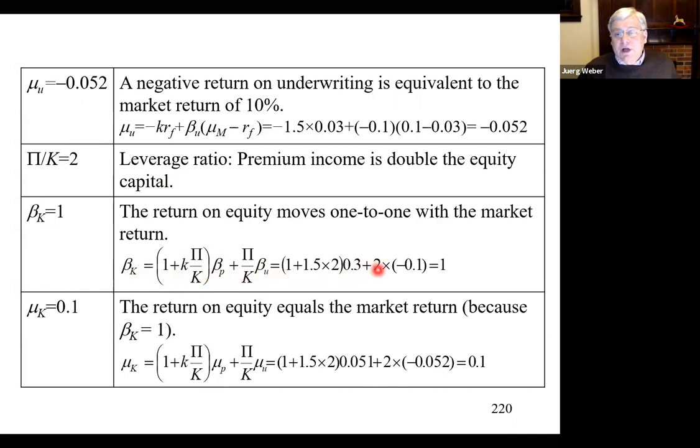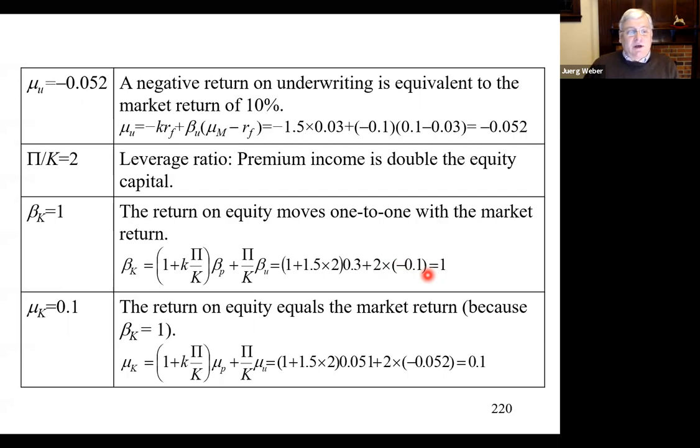You plug in all the numbers, you get 1. So the return on equity moves 1-to-1 with the market return. That's just the case here with the data that we have.